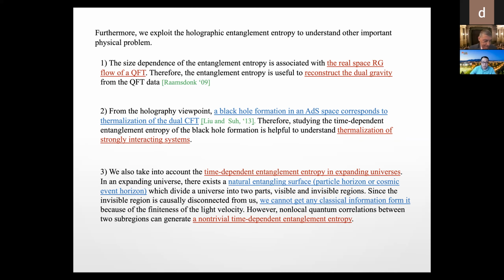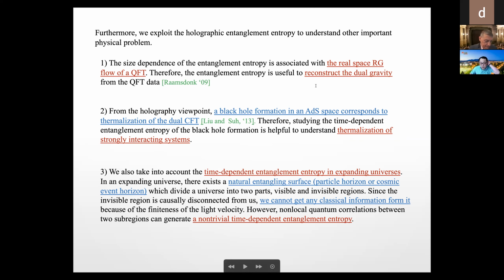There is very promising work on this, and Van Raamsdonk and many other people try to reconstruct the dual geometry from entanglement entropy information.